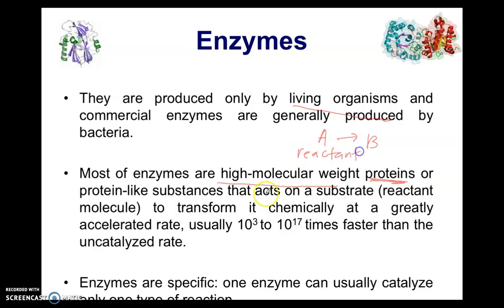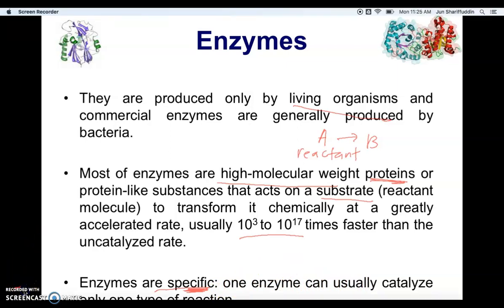In this case, the reactant is actually the substrate. It transforms it chemically at an accelerated rate, usually 10 to the power of 3 to 10 to the power of 17 times faster than the uncatalyzed rate. Enzymes are specific. This is very important. One enzyme can usually catalyze one type of reaction.